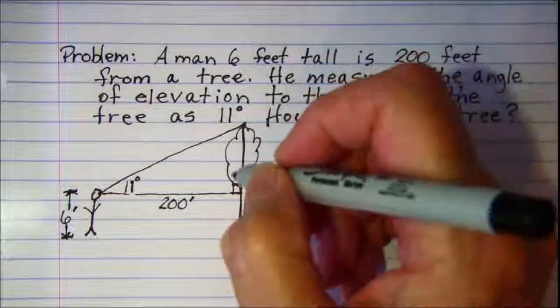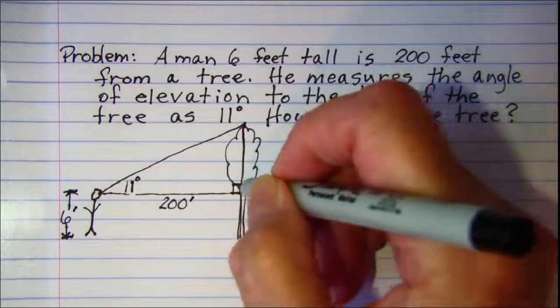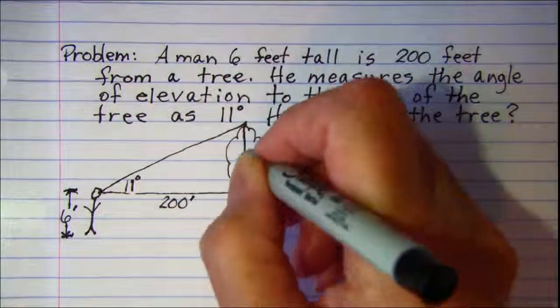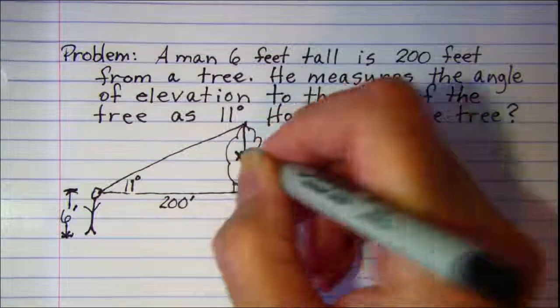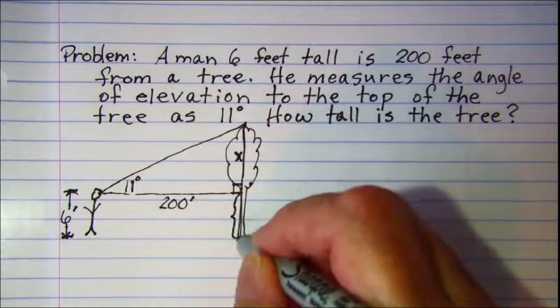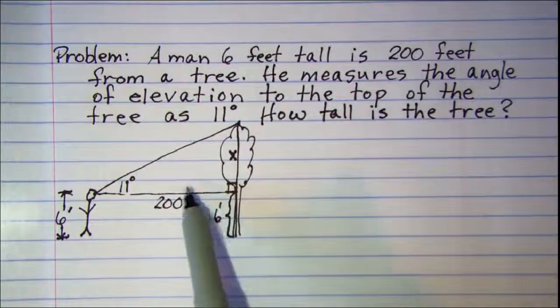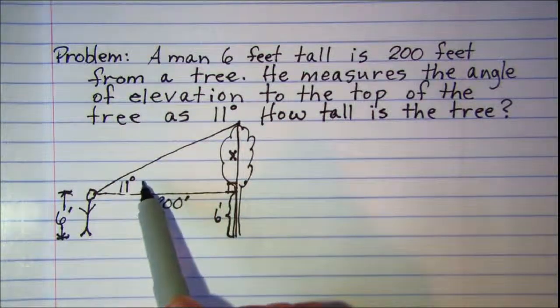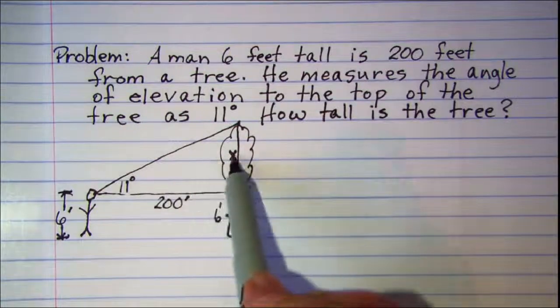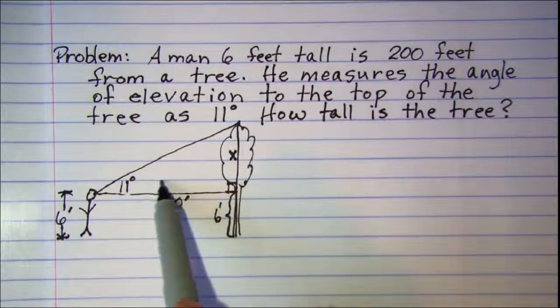Well, we can use our right triangle trig to find this section of the tree. Let's call this x. And then we'll add 6 feet onto that once we find the value for x. So for our trig ratio, we want to use the side opposite the 11 degree angle and the side adjacent to the 11 degree angle.